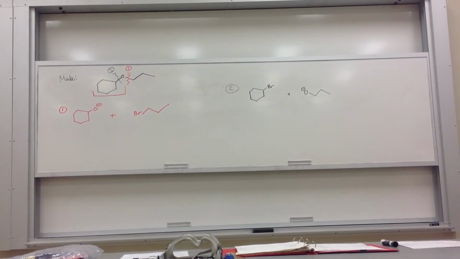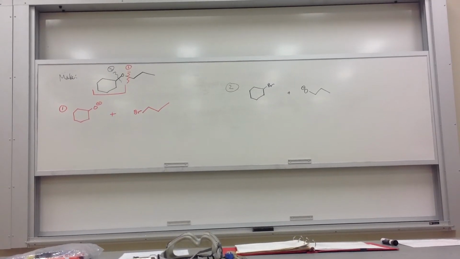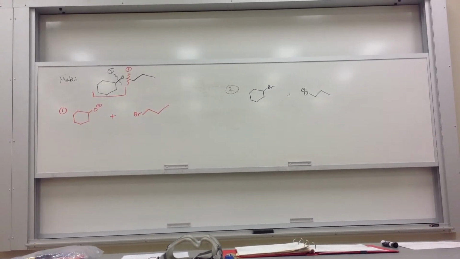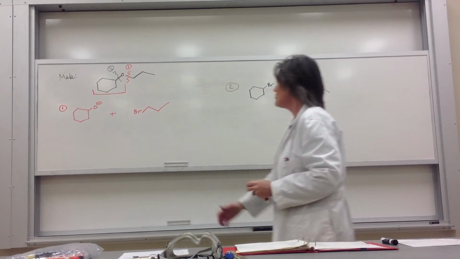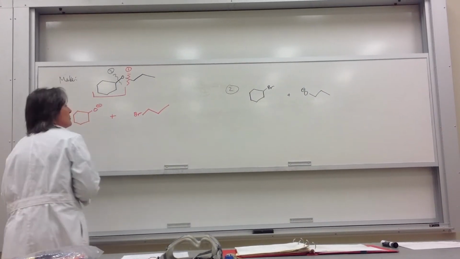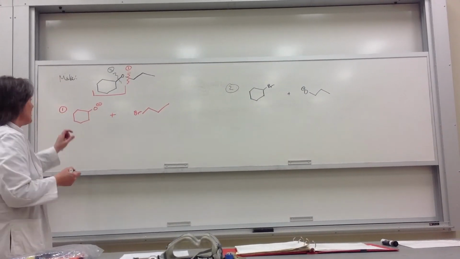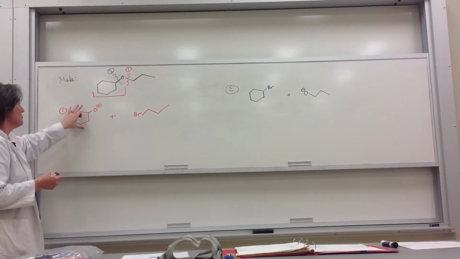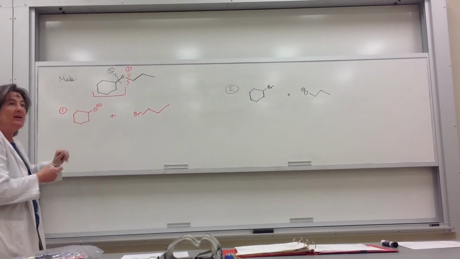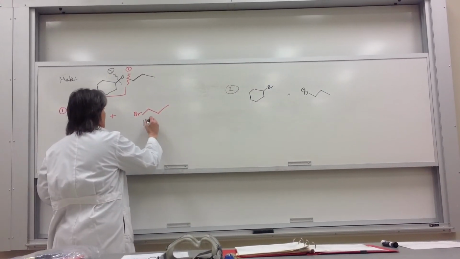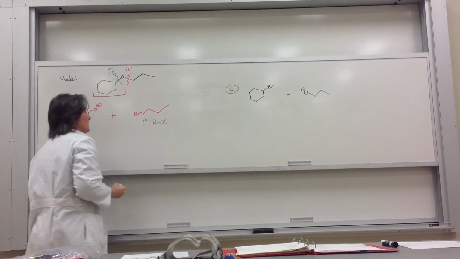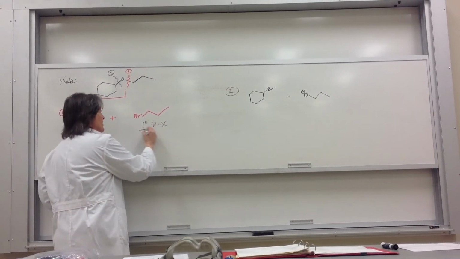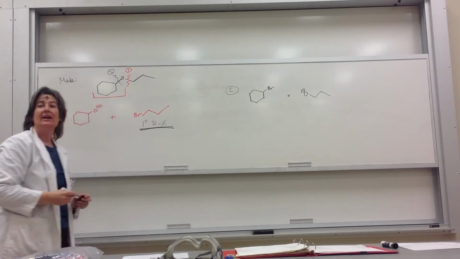You have to really think about what's going to happen with each of the possibilities. With this possibility, and remember it's an SN2 reaction, I have a strong base, good nucleophile. I have a primary alkyl halide. The question you have to ask yourself really has to do with the alkyl halide.